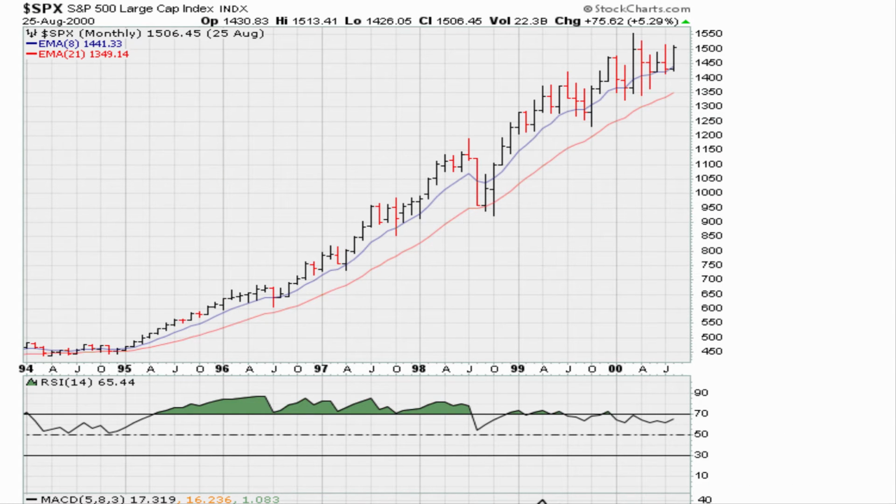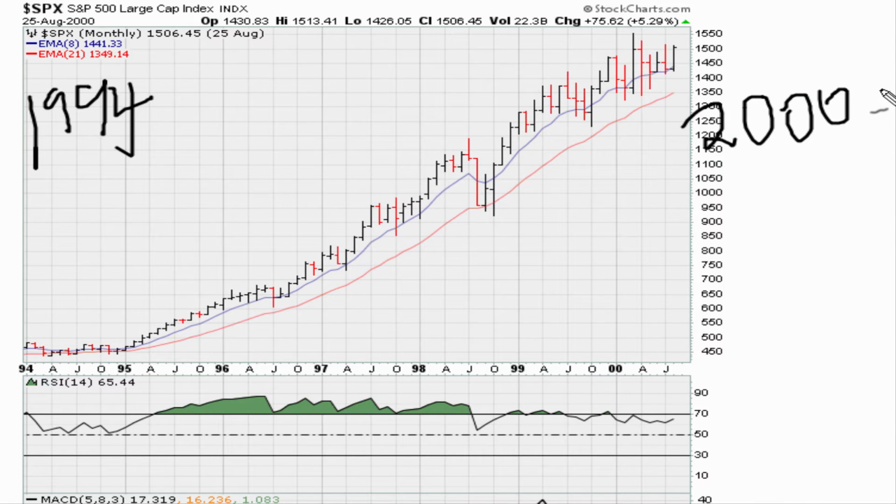As an example, this is the S&P 500 between 1994 and 2000. Take a look at what the S&P 500 did here in 95. It moves its monthly RSI above 69.1. We know what happens when that is the case.